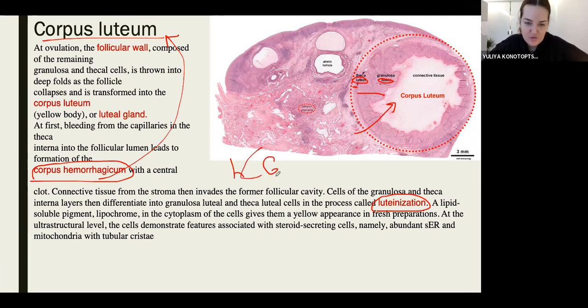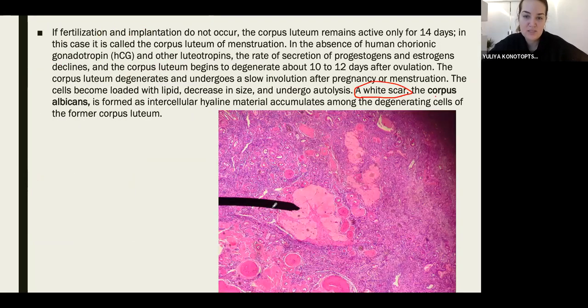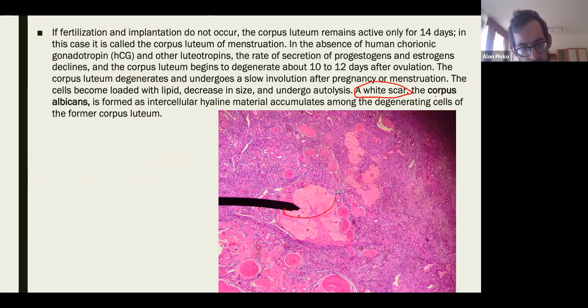If there is no HCG, that means that corpus luteum cannot live. It needs HCG in order to survive. And if there is no HCG, it will die. And how do you call dead corpus luteum? You call it corpus albicans. It's an actual scar. Okay, so remember, it needs HCG.